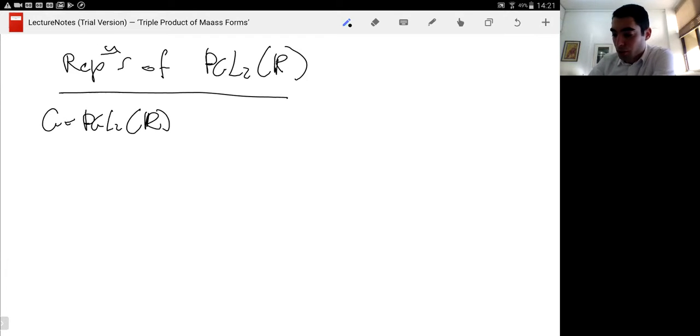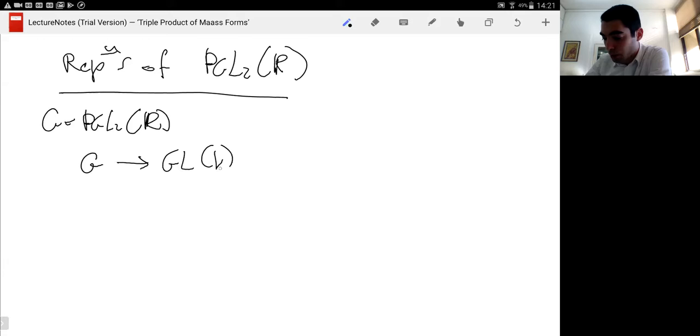And we want to consider representations of G, at the moment, continuous representations in a Hilbert space. So V is a Hilbert space.